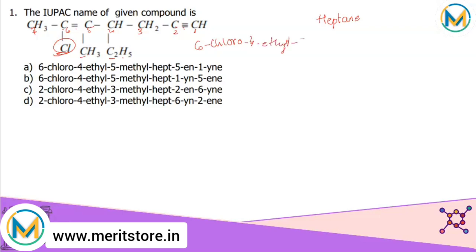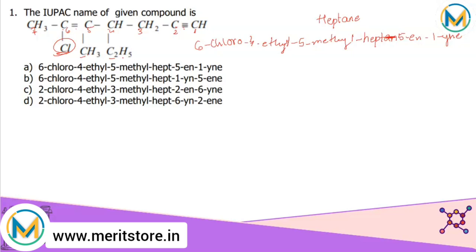Then at 5 we have the methyl group. Then in the parent chain, where 2 more functional groups are present, we are supposed to write hept-5-ene and 1-yne. So the last 'ane' is replaced by 5-ene and that 'e' is replaced by 'yne'.